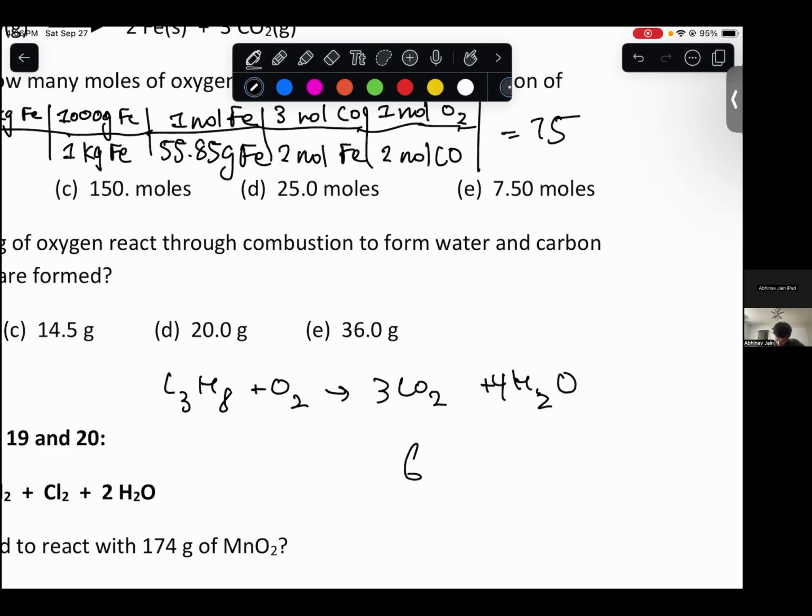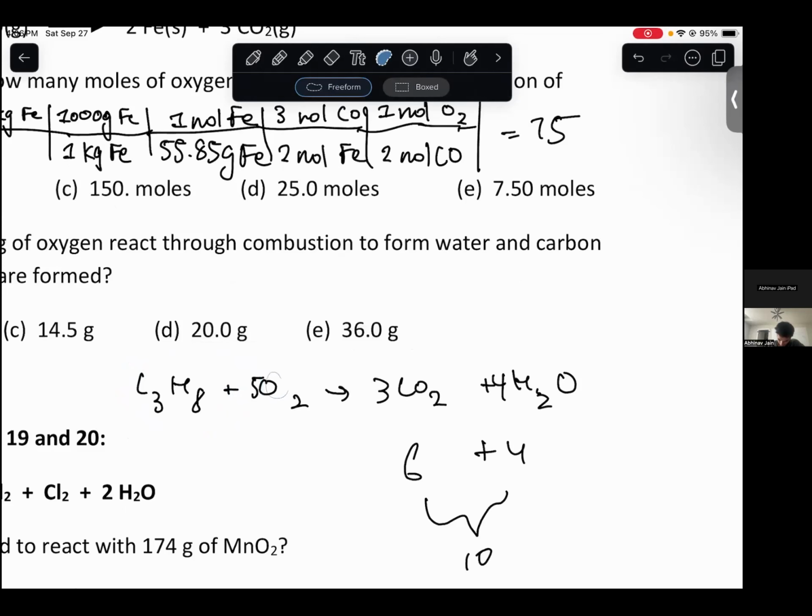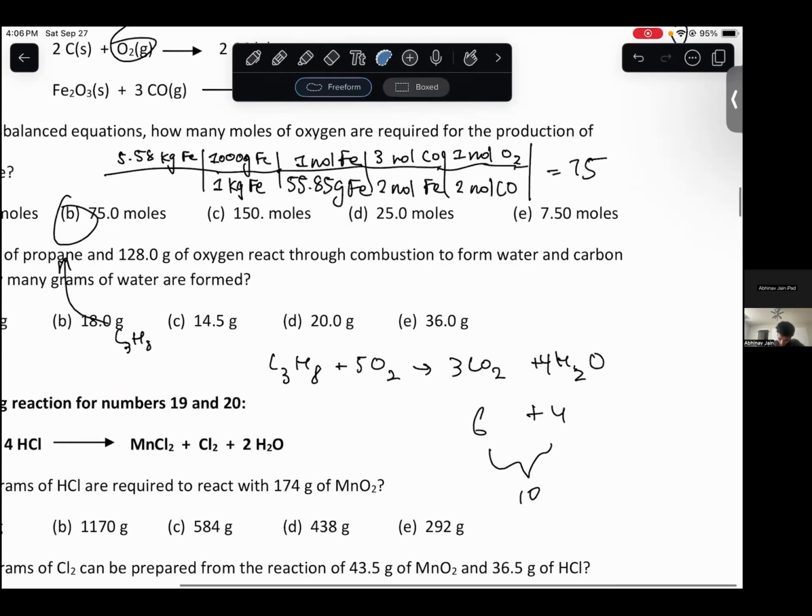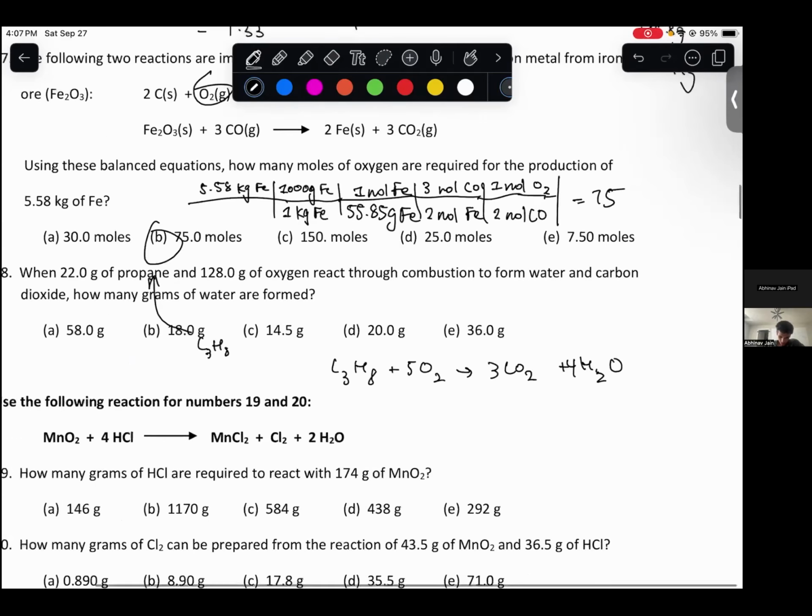Notice now that we have 6 oxygens on this side, plus 4, so that's 10 oxygens on this side of the equation. So we're going to do that by adding a molar coefficient of 5 for the oxygen, O2 gas. That means we're going to get 10 oxygens in total. So that's fully balanced. Now we can do the calculations.